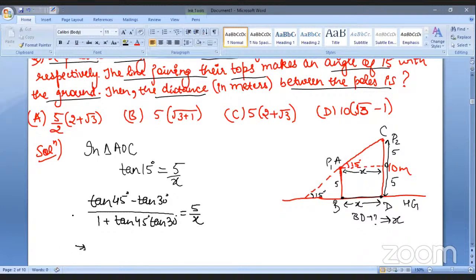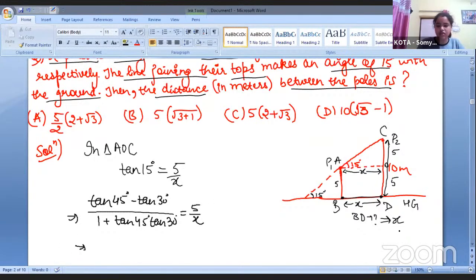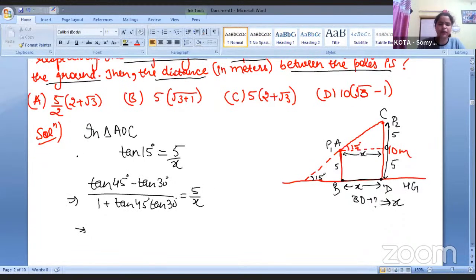By chance, if somebody doesn't know how I have written this: if we have to find the value of tan theta, here the problem is that tan 15's value is not known to us. Tan 45, tan 30, tan 60, tan 0, tan 90, all of them we know. What we don't know is tan 15. We don't have a calculator, and we don't need it.